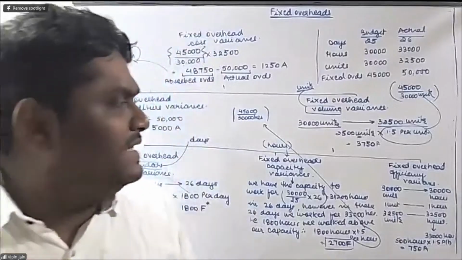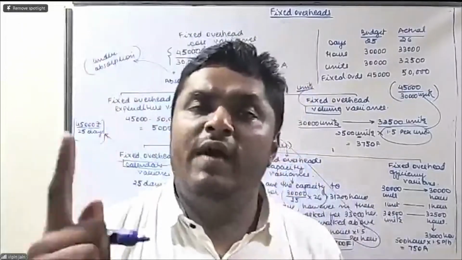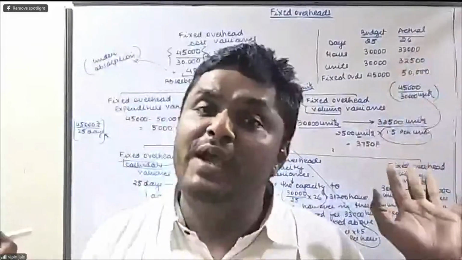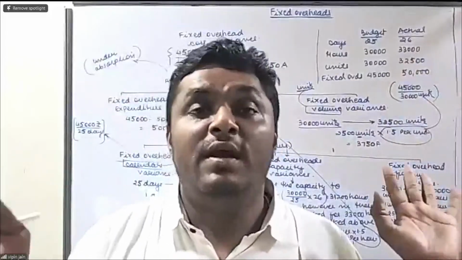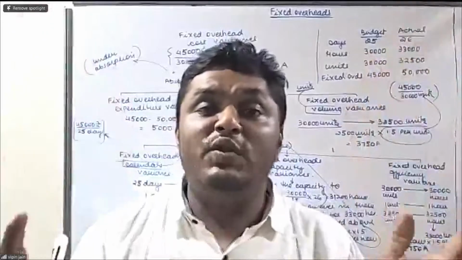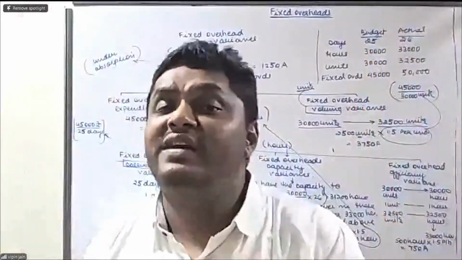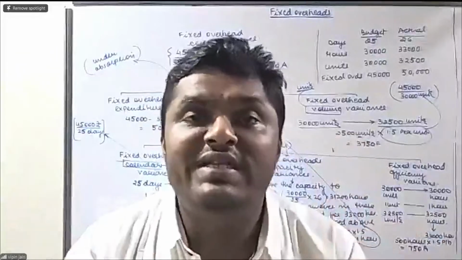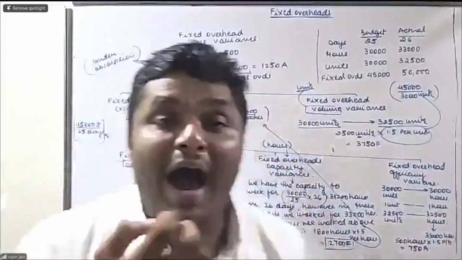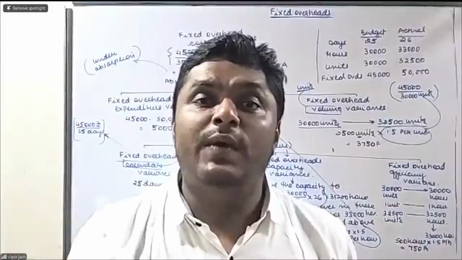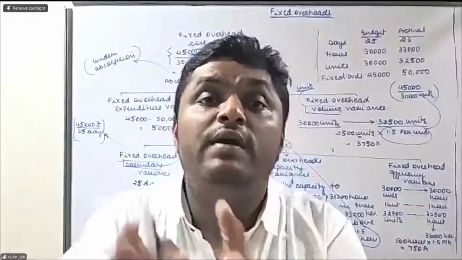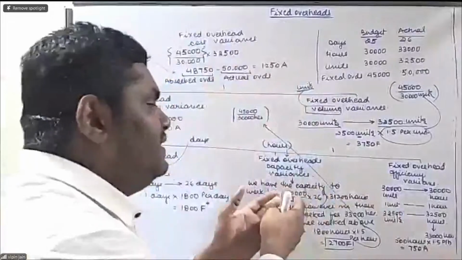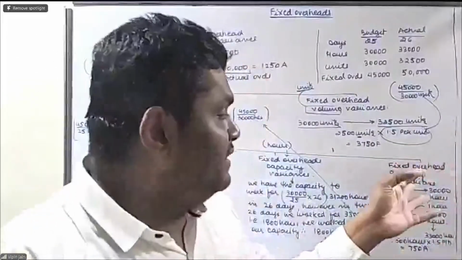So very simple, guys. When talking about efficiency, 1 unit should not take more than 1 hour. My task was supposed to be completed in 32,500 hours, but these 32,500 units were manufactured in 33,000 hours. 500 hours we took extra. So it is inefficiency. See, here hours were more in capacity, hours were more. But what it says is that we worked above our capacity. Many students will say, sir, here hours were more, so why favorable?